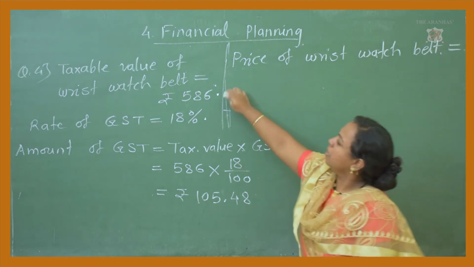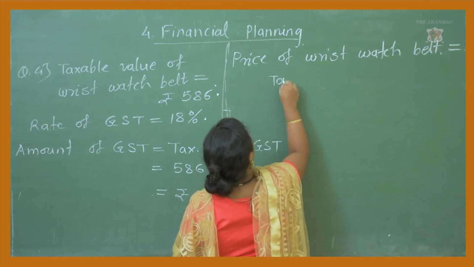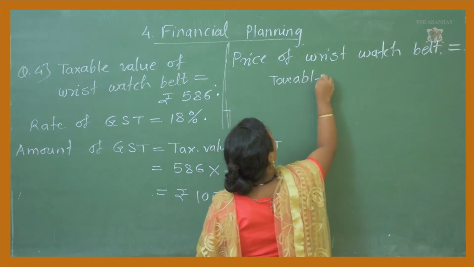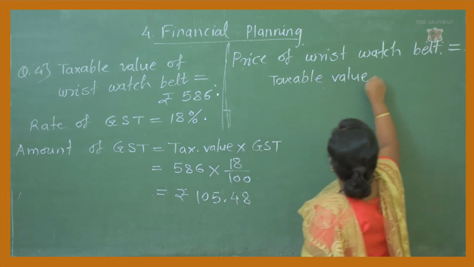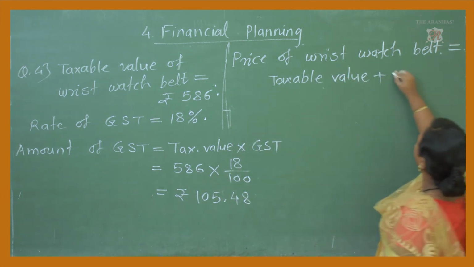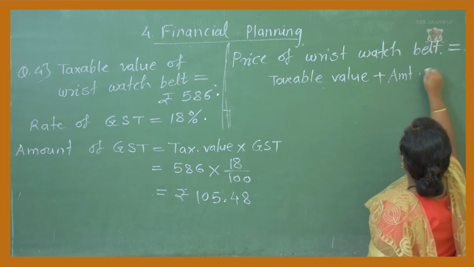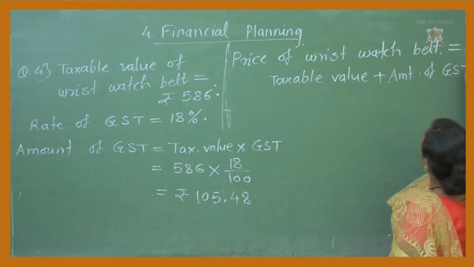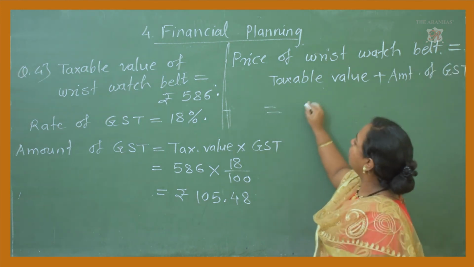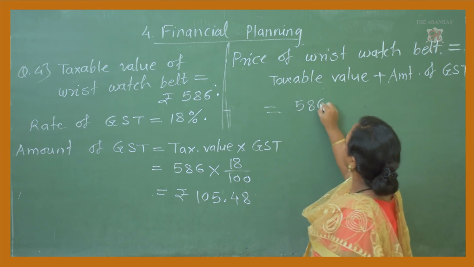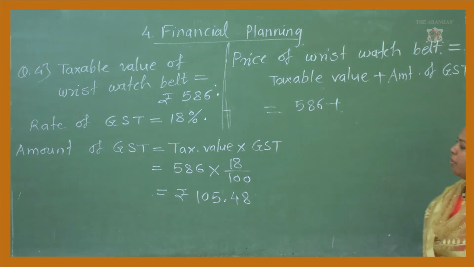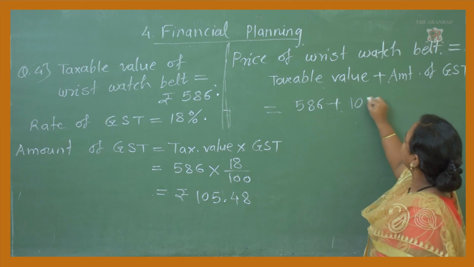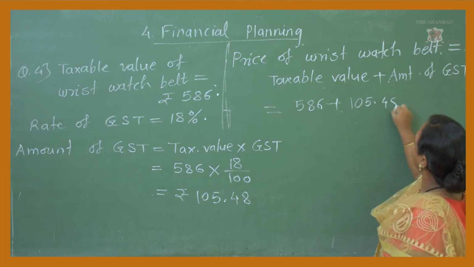This is taxable value plus amount of GST. What is our taxable value? 586 plus the amount of GST, which is 105.48.